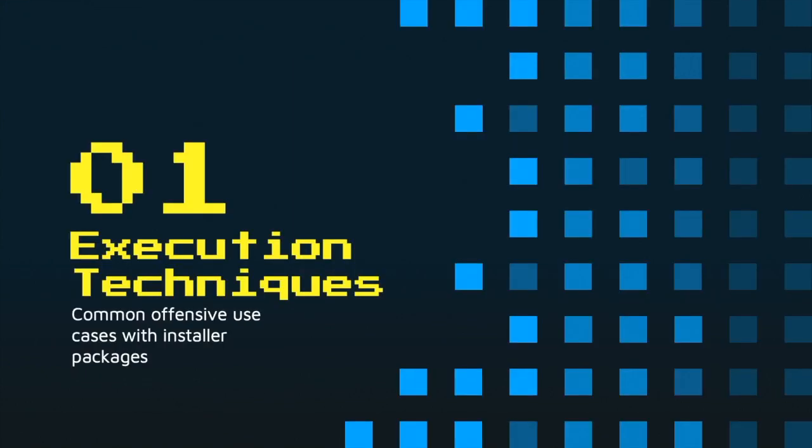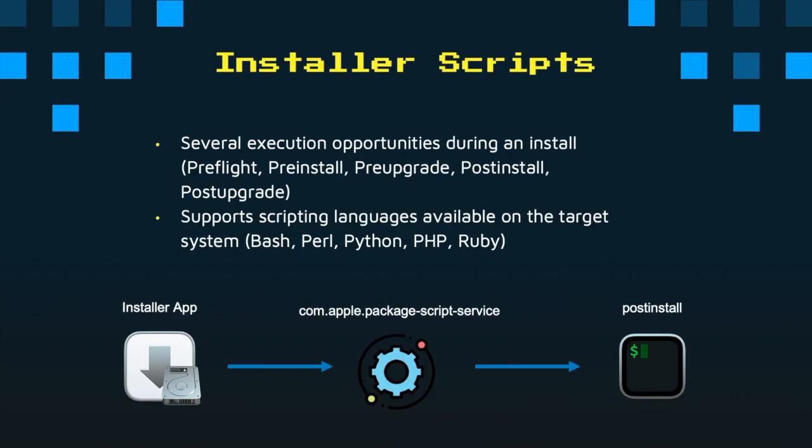Now we'll talk about some of the execution techniques that have already been covered today. First are installer scripts, and as I said, there are many different places where you can execute code as an attacker during the install process. You can use an installer script that uses any pre-installed scripting service on the system.